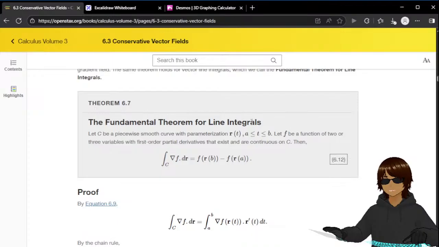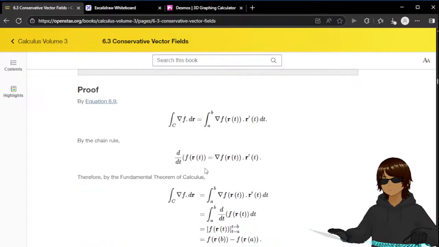So they're doing something similar for line integrals, where if we have the gradient of f and we integrate it, we just need the endpoints of the original function. This is by the chain rule: the derivative with respect to t is the gradient of f dot the derivative of r.